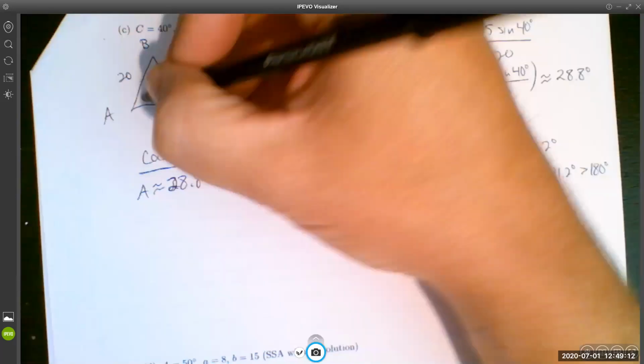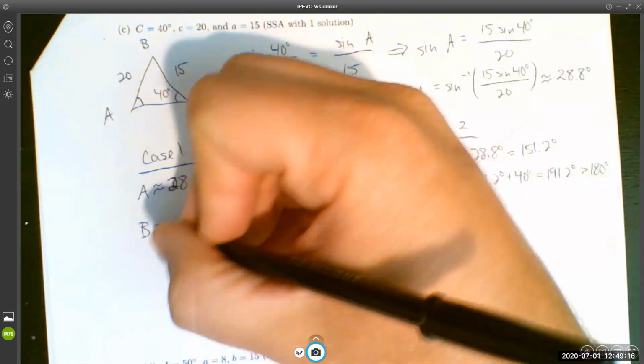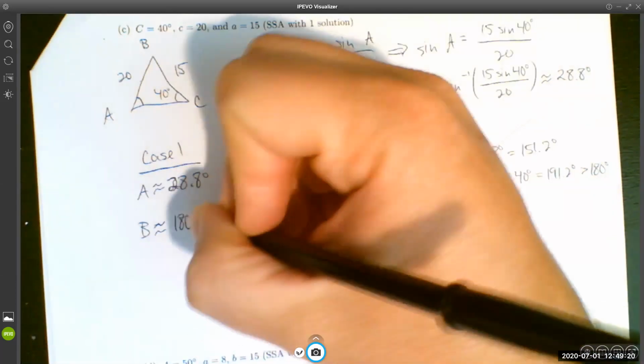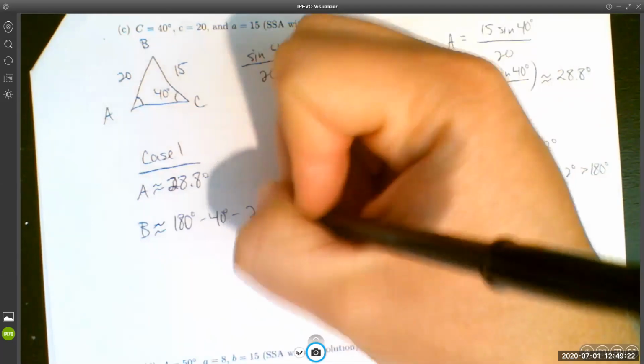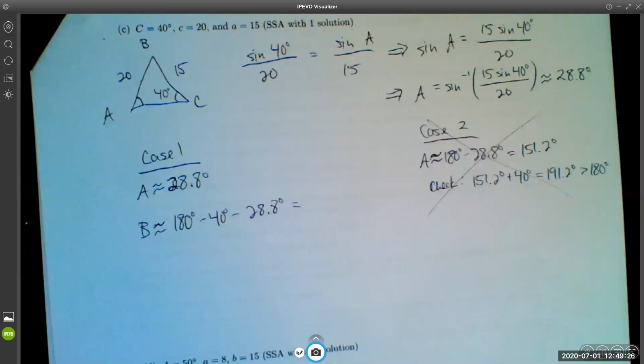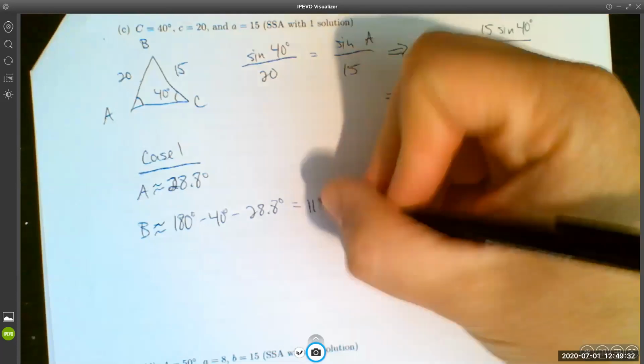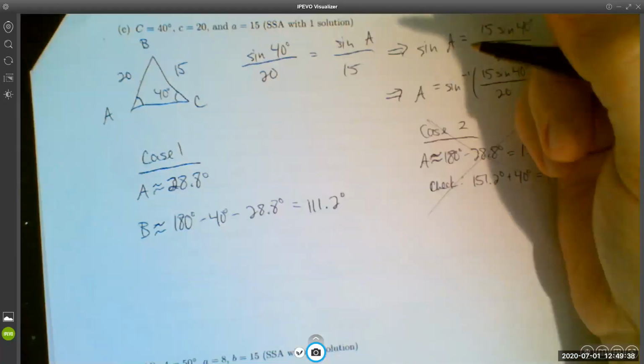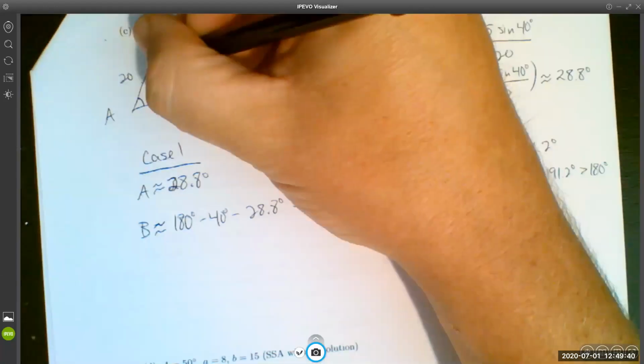Okay, so then we finish up with case one, right? We found this angle. Let's find angle B, right? So angle B is going to be approximately 180 minus 40 minus 28.8, which is 111.2. Okay. So I've got this one now, right?